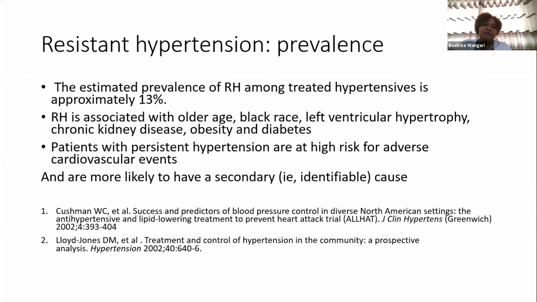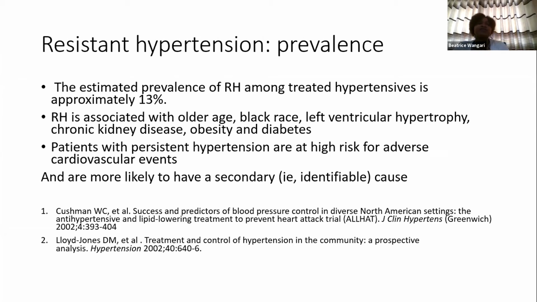So what is the prevalence of resistant hypertension? It has been shown to be about 13% among patients who are being treated for hypertension. It tends to be associated with older age, black race, left ventricular hypertrophy, chronic kidney disease, and other comorbidities like obesity and diabetes.